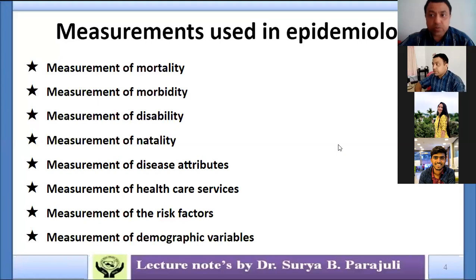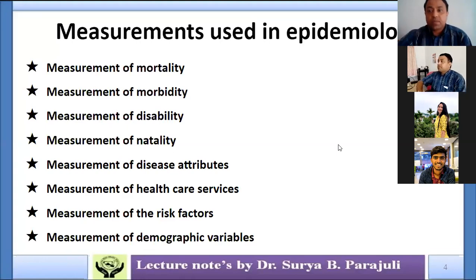So for that, we need to stop their travel within the community, within the district, or within Nepal border, or on any geographical area. So based on the knowledge of epidemiology, we can control COVID-19 or any outbreak or any disease.